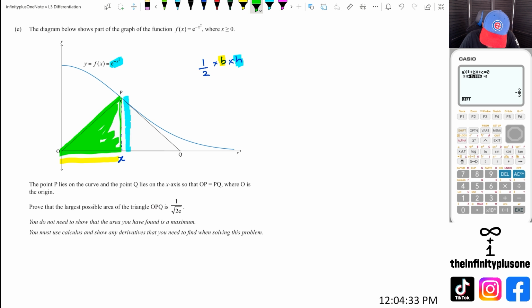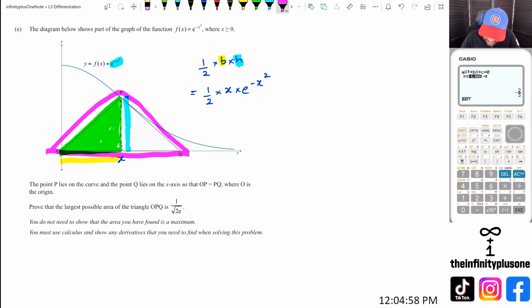All right, so I'm just working out half this triangle. So if I do that, I'm going to get a half times base, which is x, and then times the height, which is going to be e to the power of negative x squared. Now, the largest possible area is actually for the pink triangle, so that means we need to double this area.